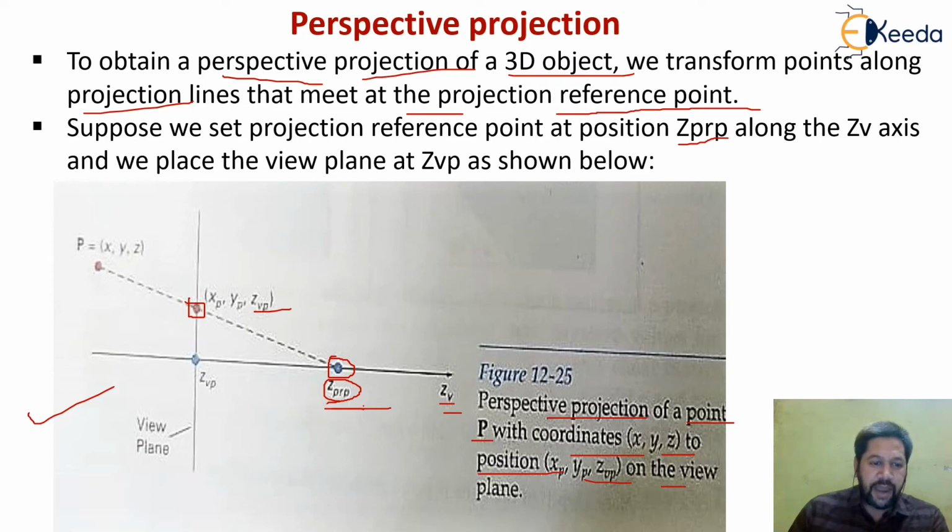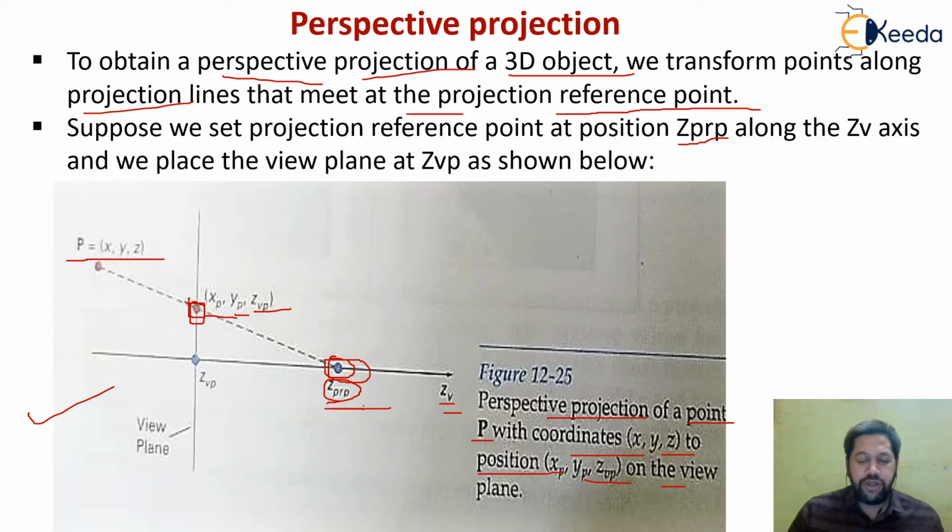My actual point P is X comma Y comma Z, but now that point will appear here. The X value will change to XP, the Y value will change to YP, and the Z value will change to ZVP, considering this is my reference point.